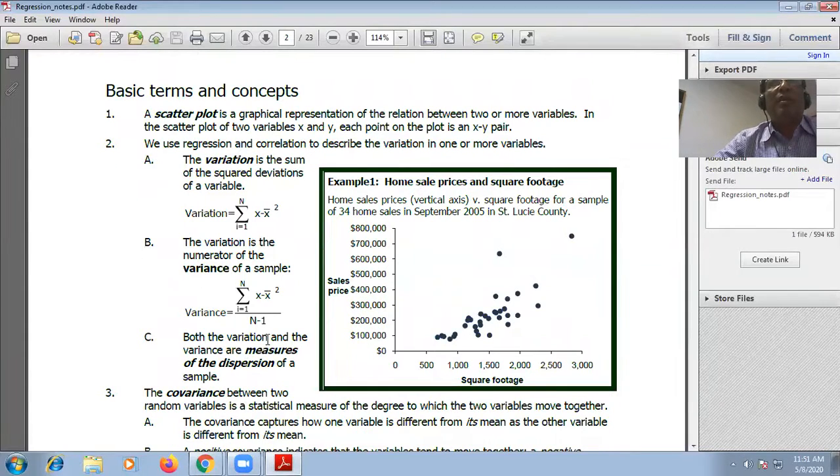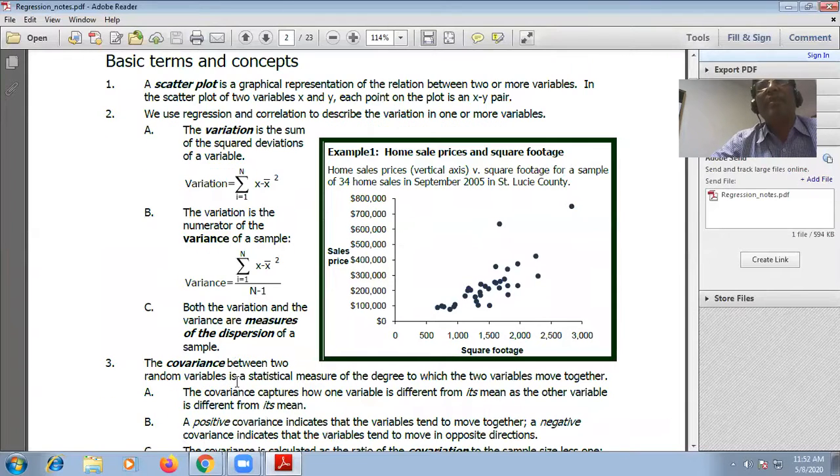Both variation and variance are measures of dispersion of a sample. If you are doing this, it means you are finding dispersion.